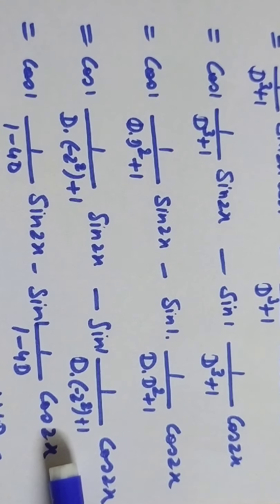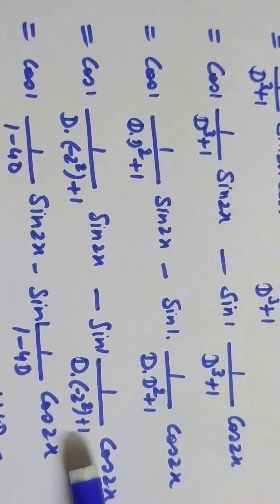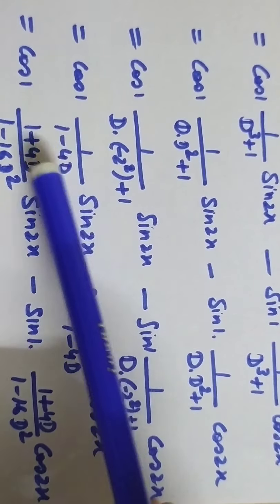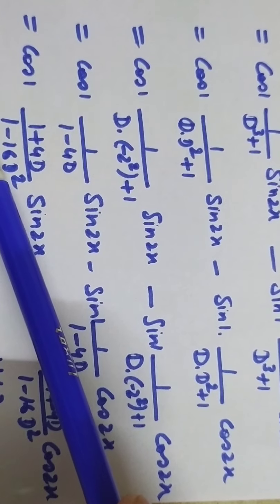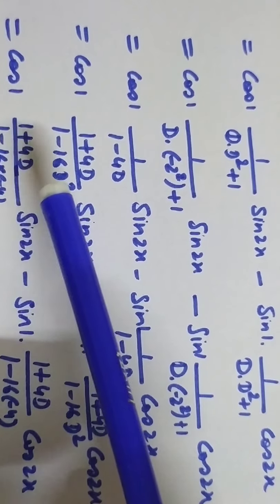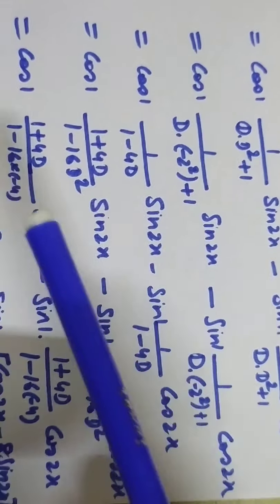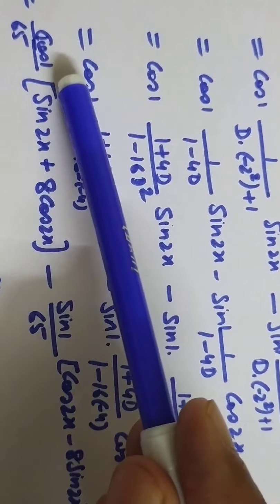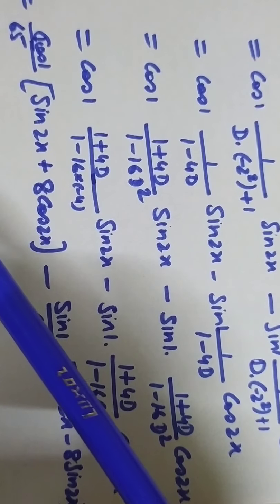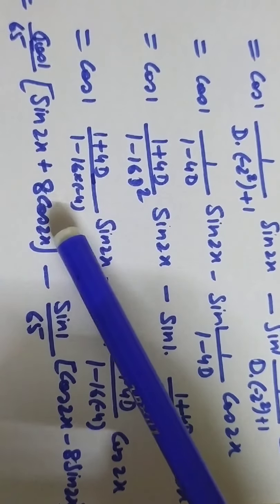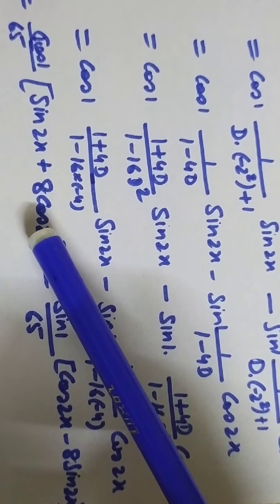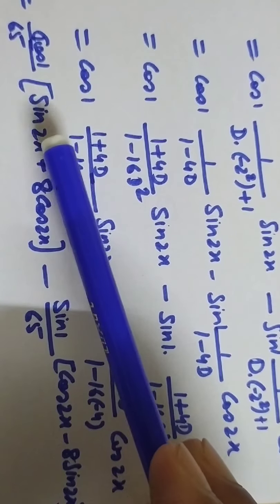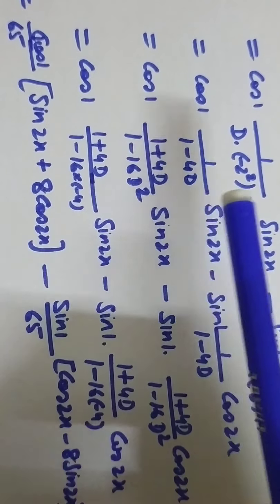On solving these two parts, by multiplying with 1 plus 4D in the numerator and the denominator, and then again replacing D square by minus a square and simplifying algebraically, what I will get is cos 1 over 65 into (sin 2x plus 8 cos 2x). Look at this portion also. How am I writing this sin 2x plus 8 cos 2x?